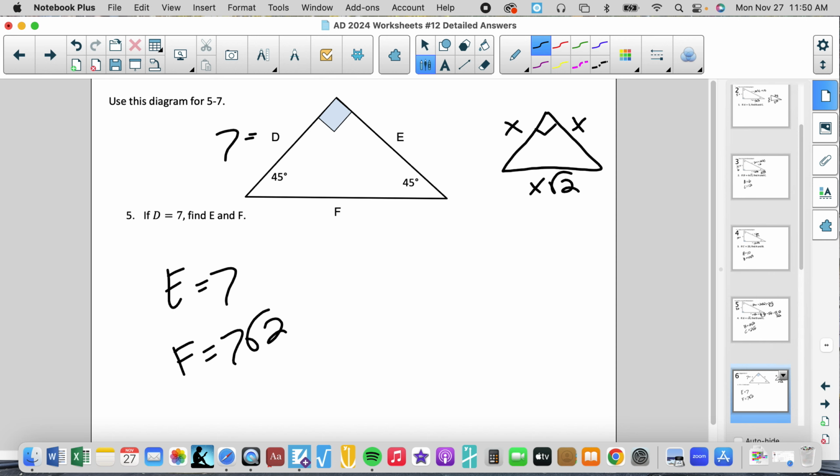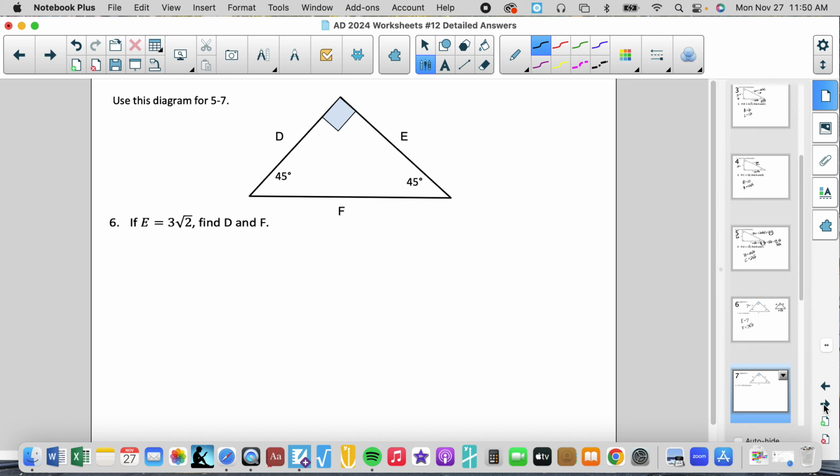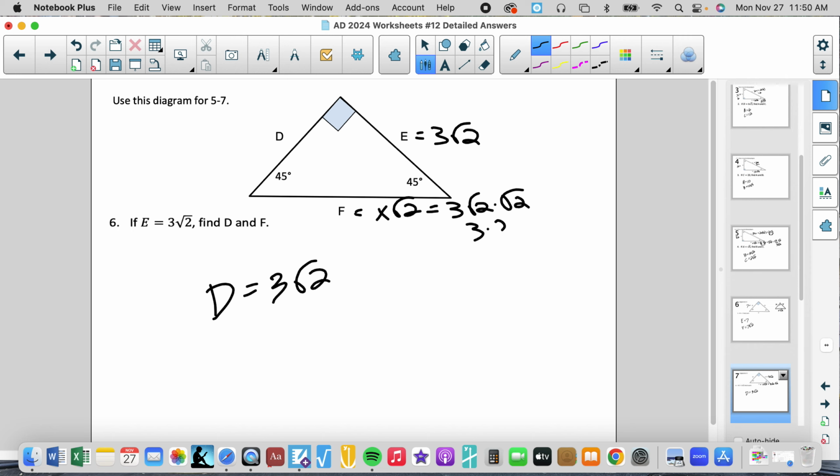That's really easy. E is 3 rad 2, so D is going to be the same leg, 3 rad 2, and F is going to be x rad 2, so 3 rad 2 times rad 2 gives me 3 times 2, or 6. So F is going to equal 6.